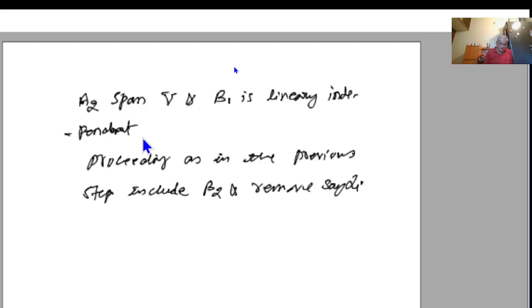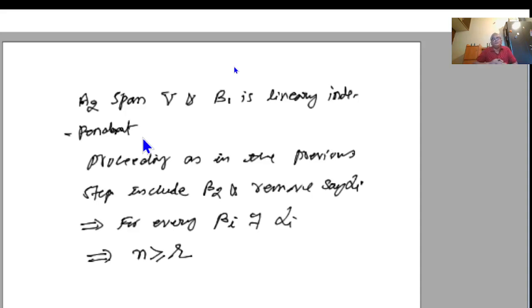What this implies is that for every beta i there exists some alpha i, which implies n is greater than or equal to R. I have included beta 1 and excluded one alpha, beta 2 excluded one alpha, beta 3 excluded one alpha, finally beta R excluded one alpha.